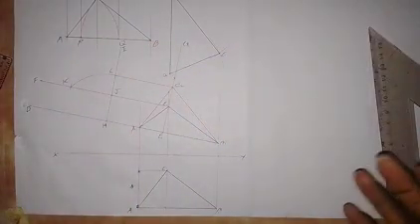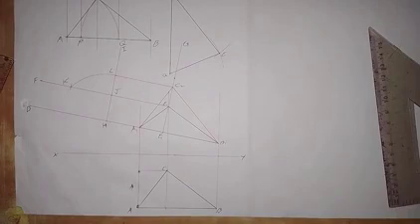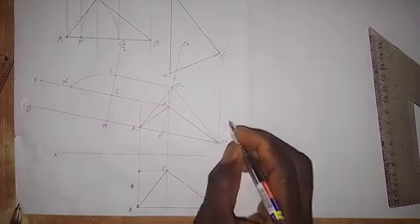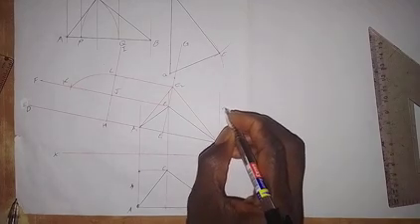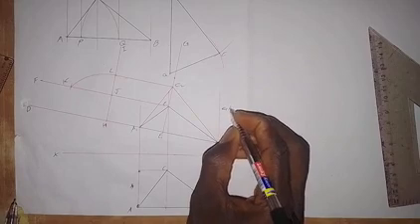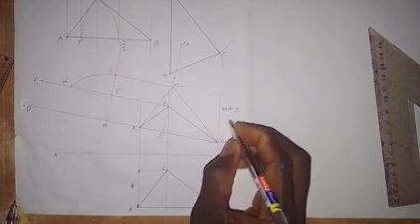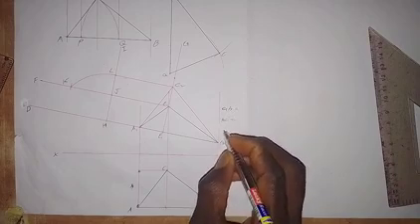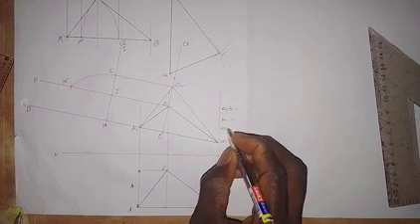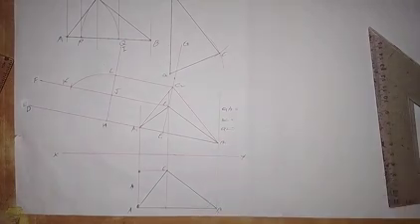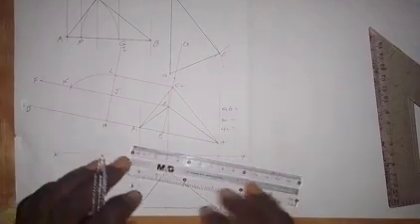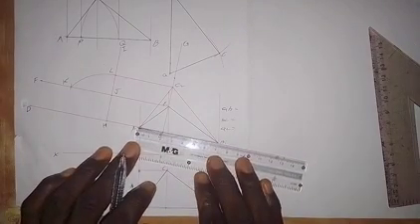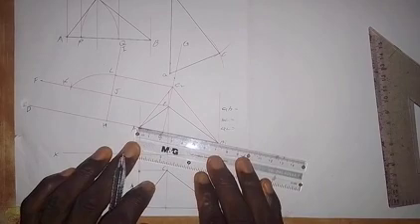So this is another method. Let's take the measurements and see what we are going to get. So AB is equal to, BC is equal to, and AC is equal to. Let's take the measurement. For A1B1, we have 72 millimeters.